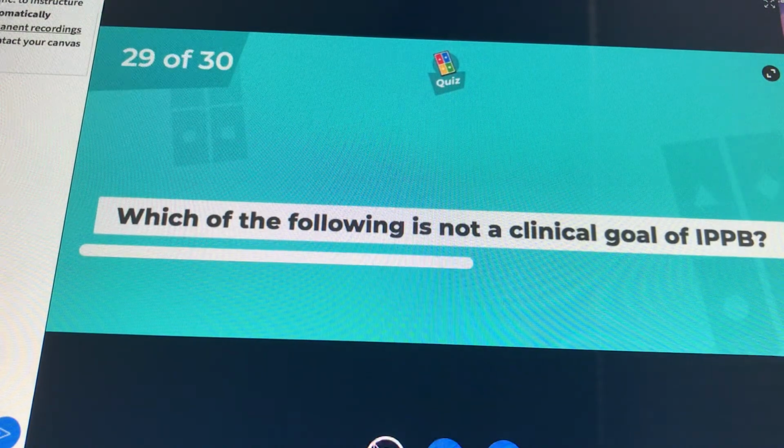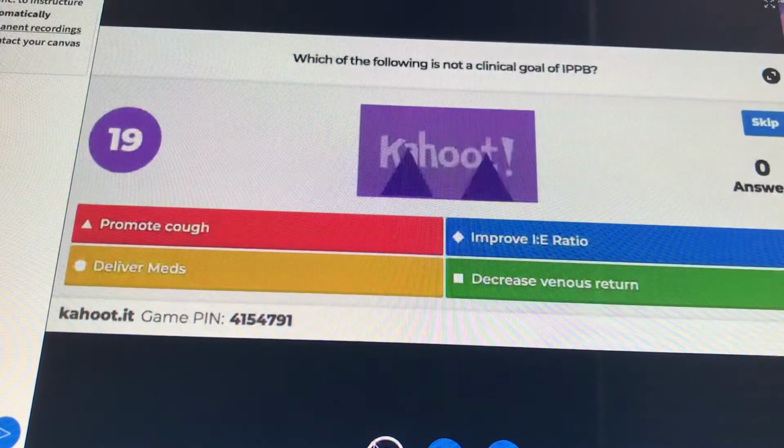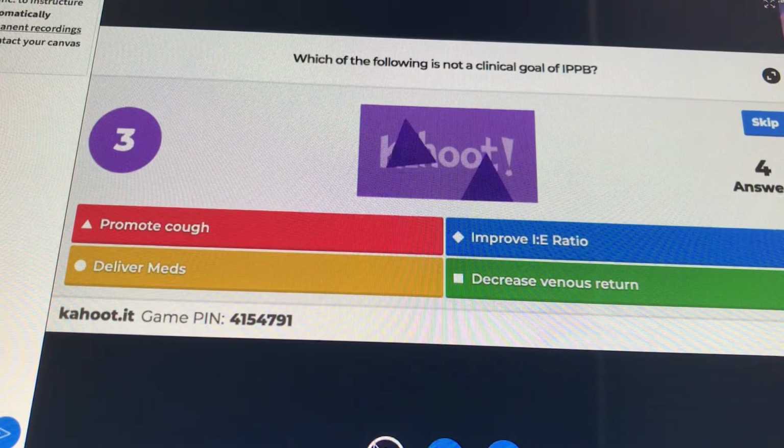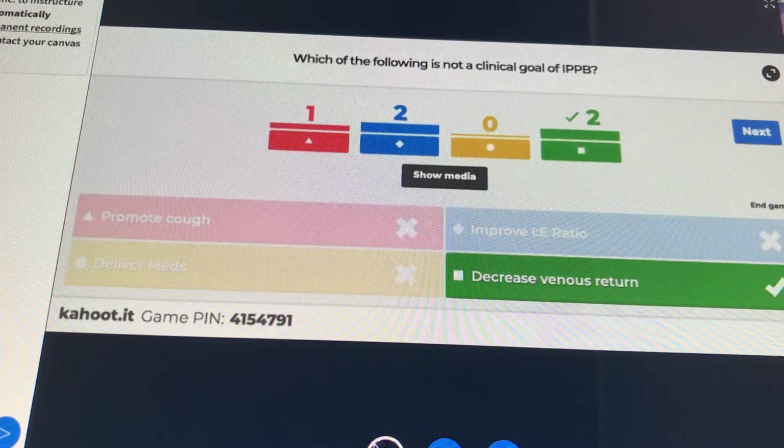Which of the following is not a clinical goal of IPPB? That would be a decrease in venous return because, yes, IPPB can cause a decrease in venous return, but that's a special indication.